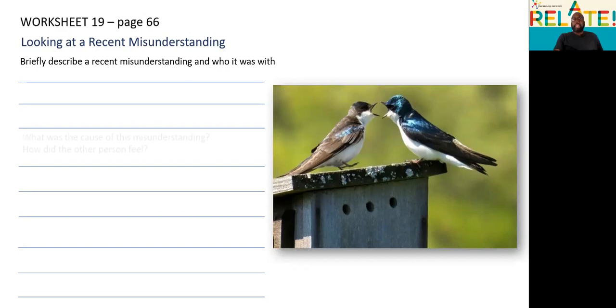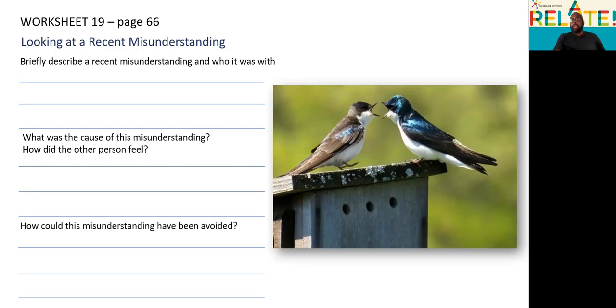After you have done that, think about what was the cause of this misunderstanding, and how did the other person feel when it was taking place? The last thing I want you to write on that piece of paper is, how could this misunderstanding have been avoided?